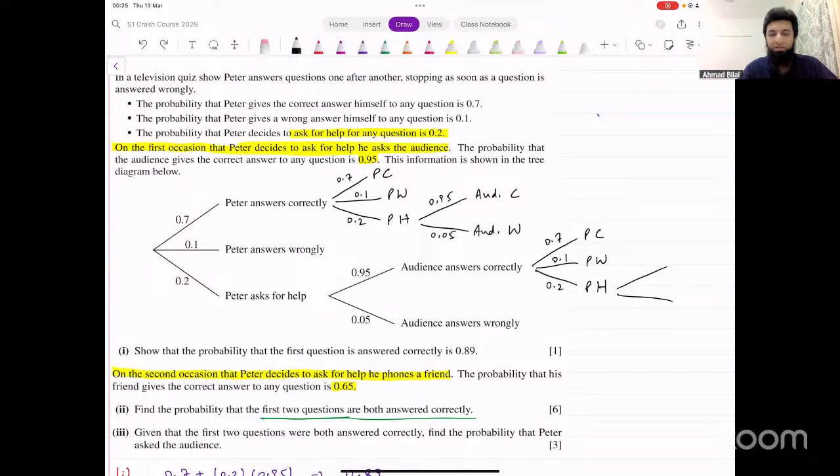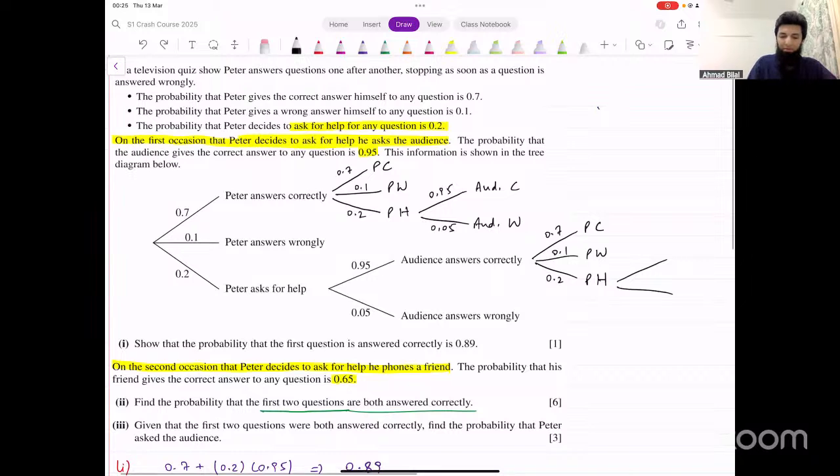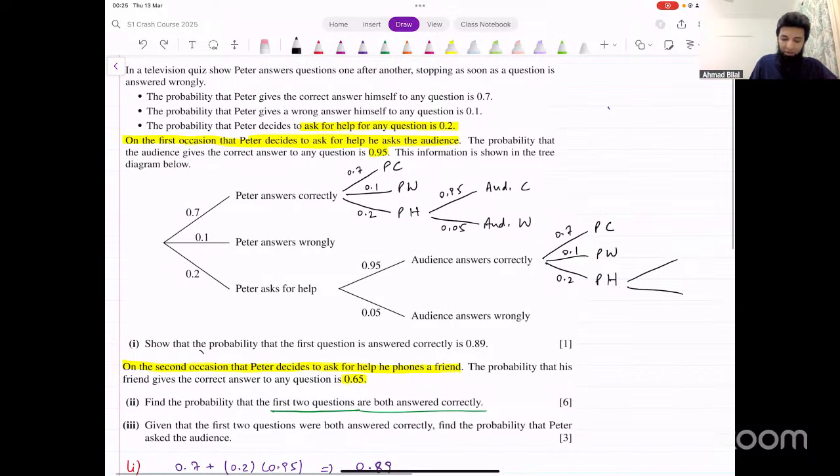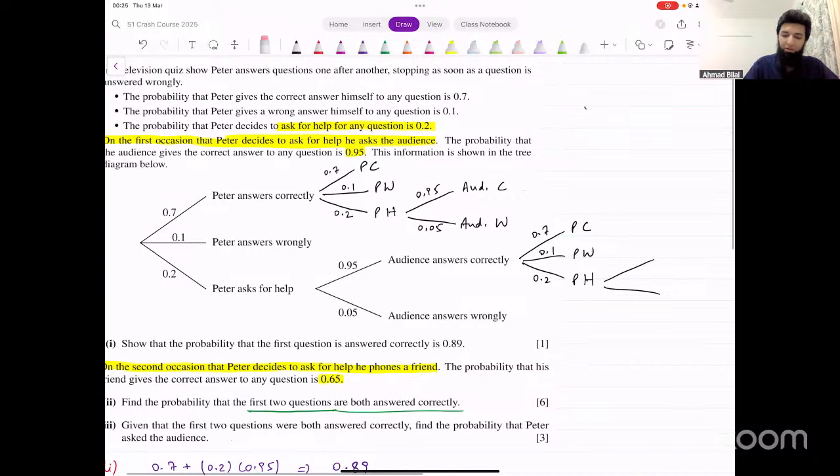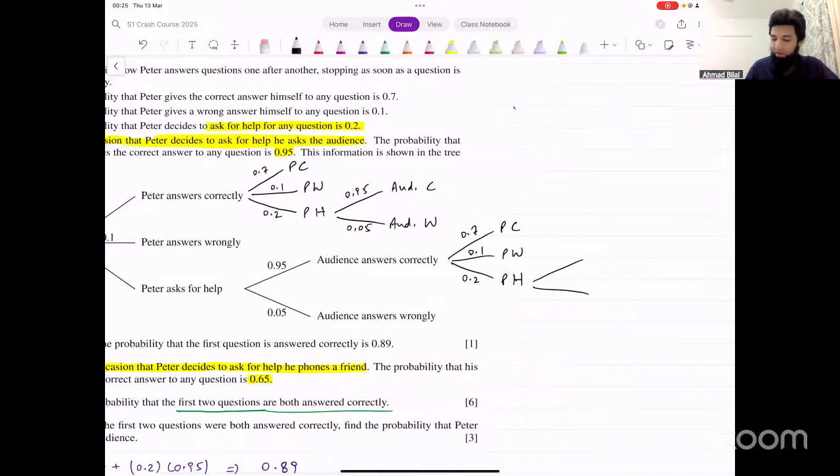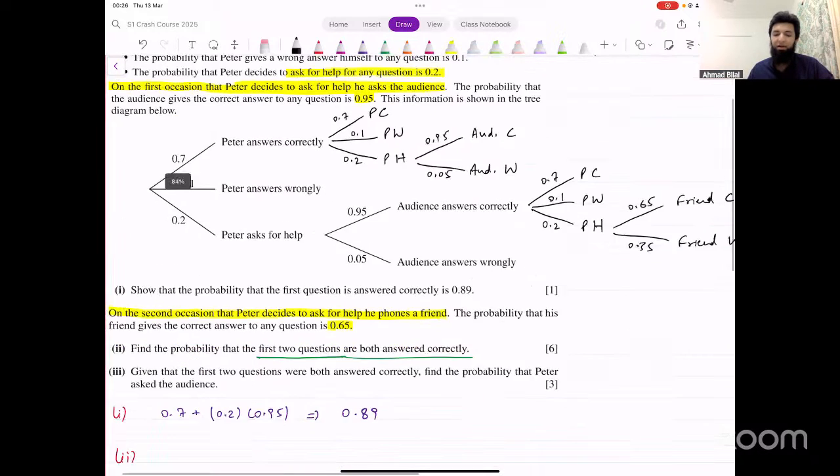He cannot ask the audience again now, right? So now, on the second occasion that he asks for help, he phones a friend. So now his friend is going to be answering the question. Now the friend can either be correct or wrong. What are the probabilities of the friend being correct and wrong? 0.65 and 0.35 respectively.